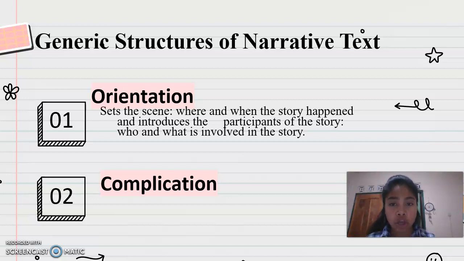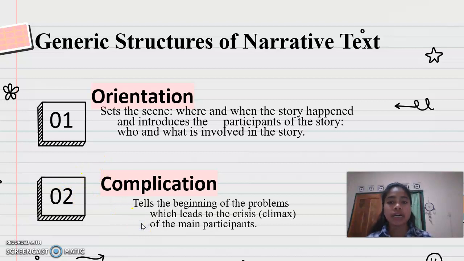It is about who and what is involved in the story. In complication is tells about the beginning of the problems which leads to the crisis or climax of the main participant. So in the complication, there is the problems began.